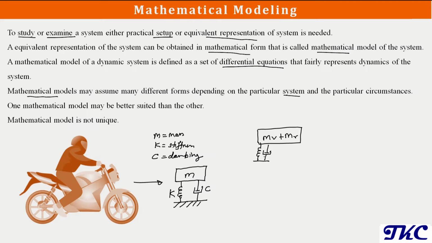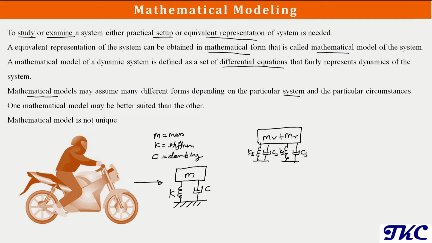For the back suspension, KS and CS are the stiffness and damping element. Similarly for the front we have stiffness KS and damping element CS. So KS and CS represent the suspension system stiffness as well as its damping property.